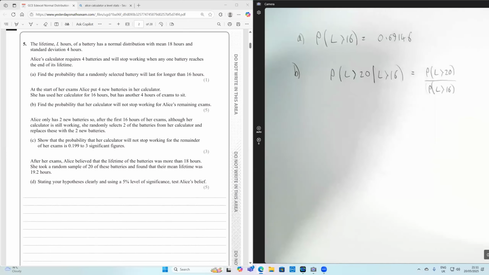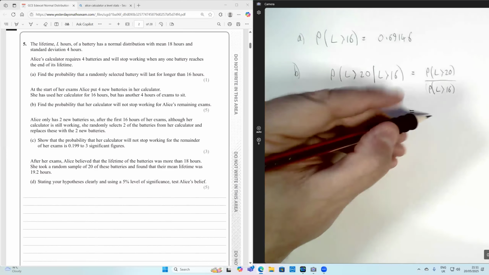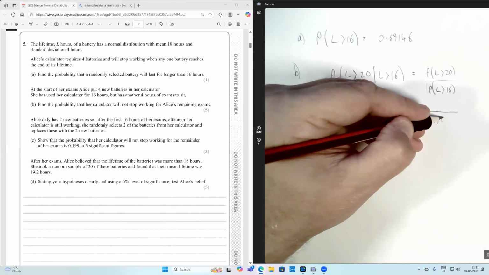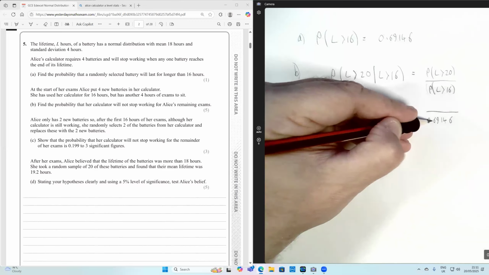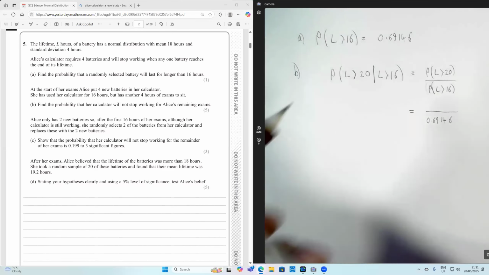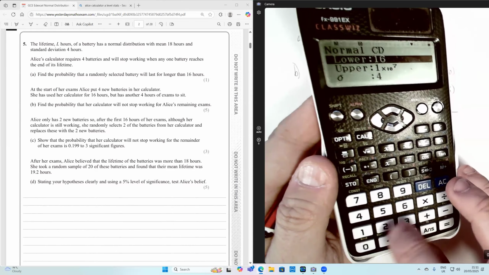Now we worked out in part A the probability of the battery lasting more than 16 hours. So that was 0.69146. And now we just need to work out the probability that it's going to last greater than 20 hours. So let's return to our calculator and change the 16 to 20.